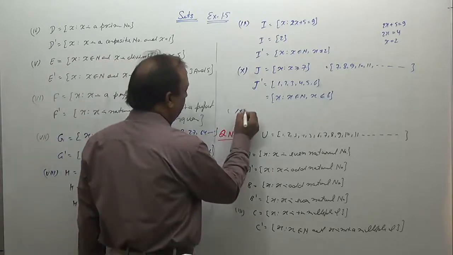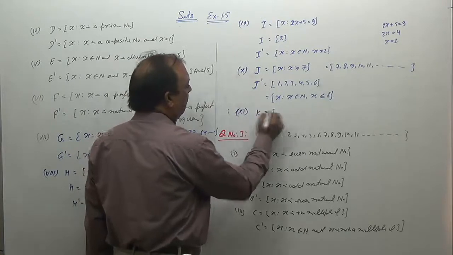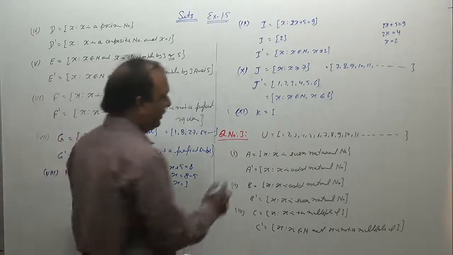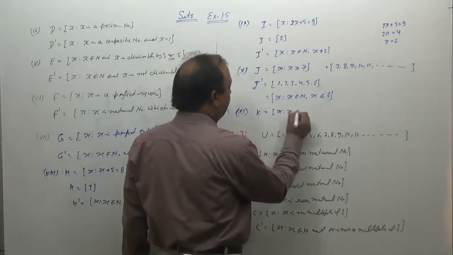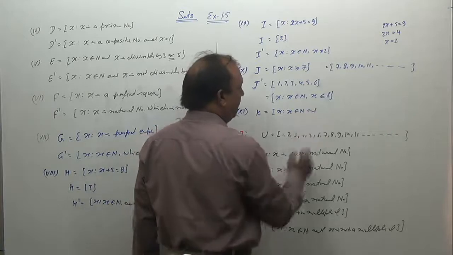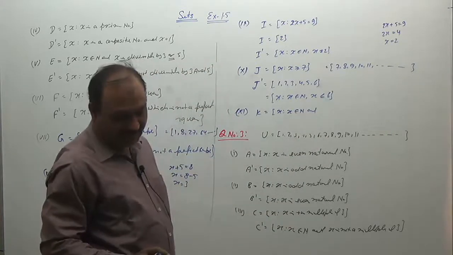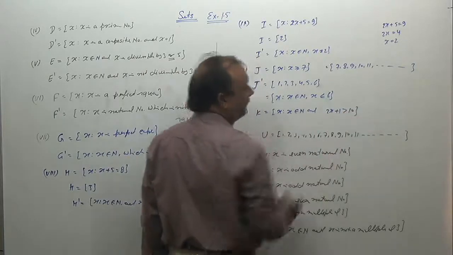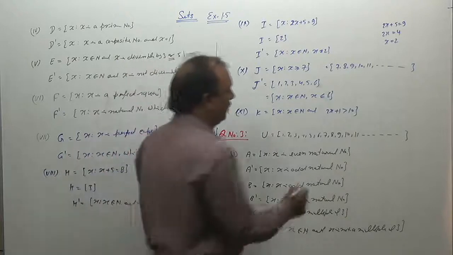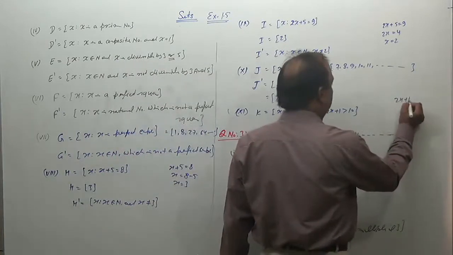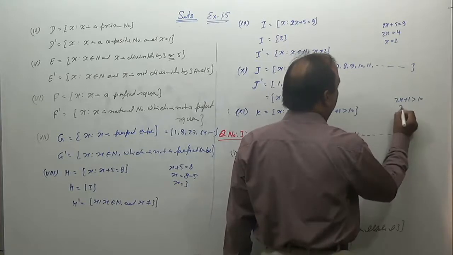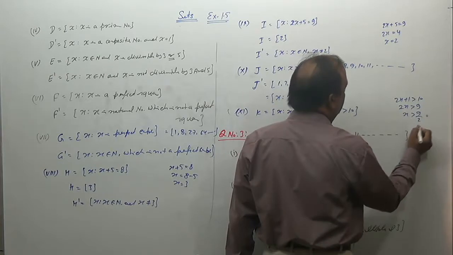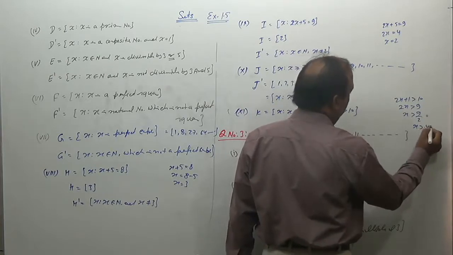In the case of the 11th part, there is a K, and K is a set x such that x is a natural number, and there is a condition given that 2x plus 1 is greater than 10. So when we solve this condition, 2x plus 1 is greater than 10, so we can say that 2x is greater than 9 or x is greater than 9 by 2, that is, x is greater than 4.5.